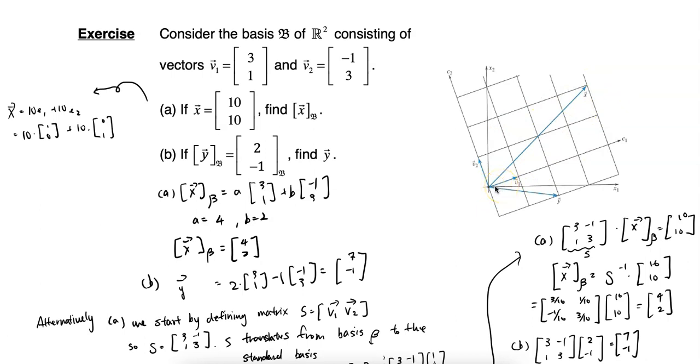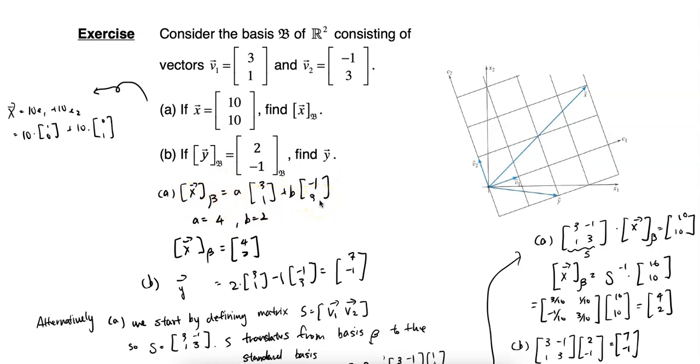But how do we do that if we don't have geometry and if it's not easy to figure out what the components are? Well, we are wondering, vector (10, 10), how many times is it (3, 1) plus how many times (-1, 3)? So we have a small system of equations. 10 equals 3a minus b, and 10 equals 1a plus 3b.